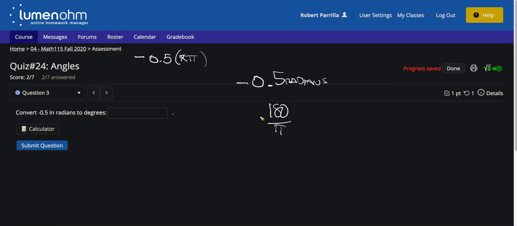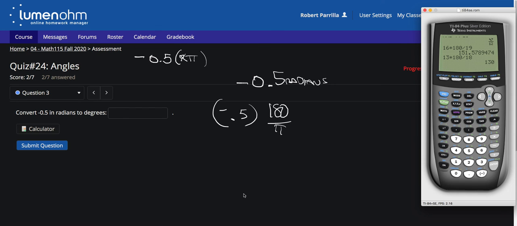But we need to be really careful because there's no pi symbol to cancel out, which means that negative 0.5 already has the pi built into it. We're going to multiply 180 times negative 0.5. That's easy. That's negative 90, right? And if I do that, negative 90 divided by the actual symbol of pi. Let's try again.